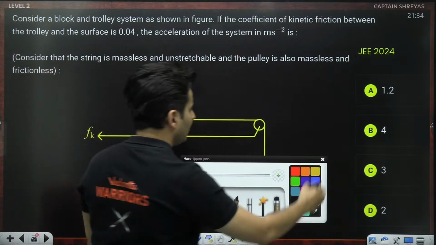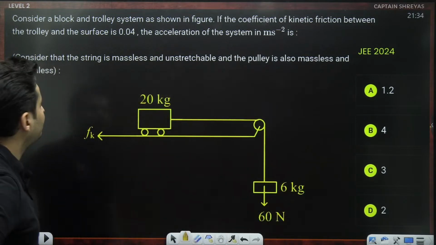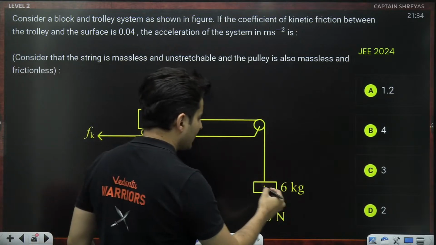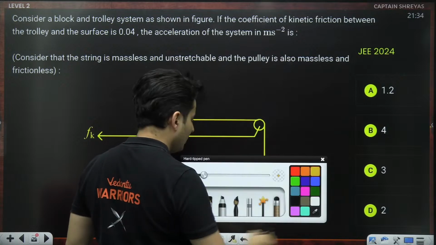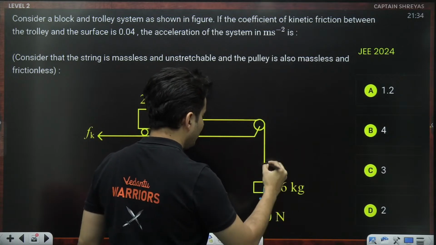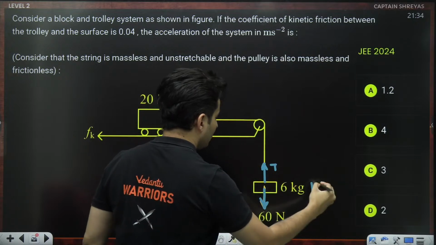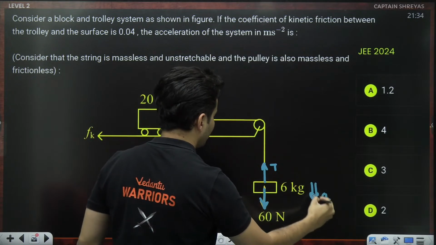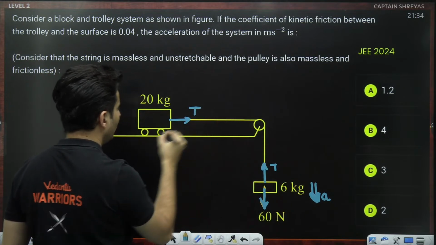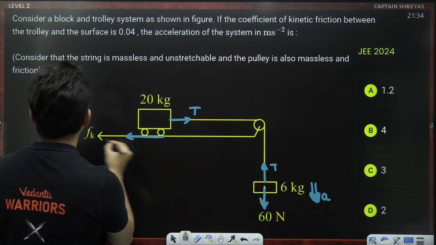Okay, so in this particular question, what you can see is that this 6 kg block will experience this 60 Newton weight force. There will be tension over here. This will be accelerating down. The same tension, because the same string will pull this block here. The friction will act behind.